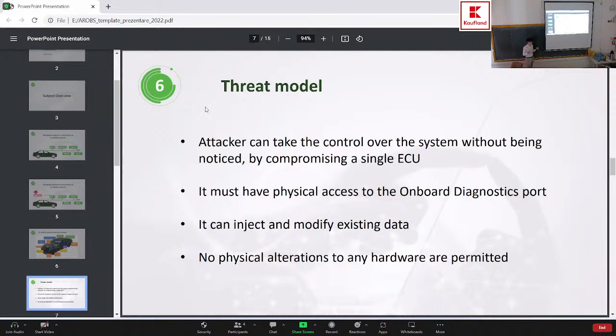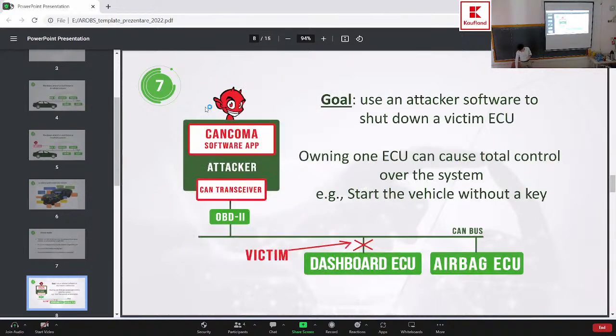By having this access, we can inject or modify existing data, but we cannot modify the hardware, we cannot cut the lines, because we want to remain unnoticed by this attack. Our goal is to use software which can shut down a single ECU, a single component from the system, because if we can control a single ECU, we can have total control over the system.